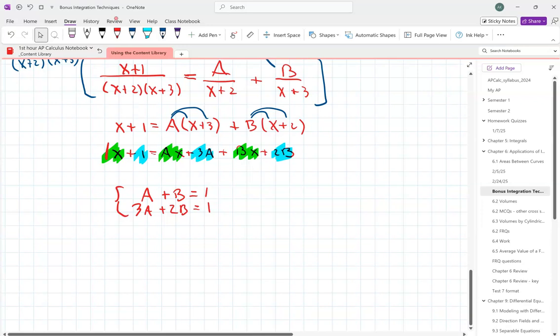What are some methods that we have to solve a system of two equations? Substitution. What else? Elimination, I think, is the one that you're talking about, canceling. But guess what, I'm not going to use either one of those two. You know what I'm going to use?